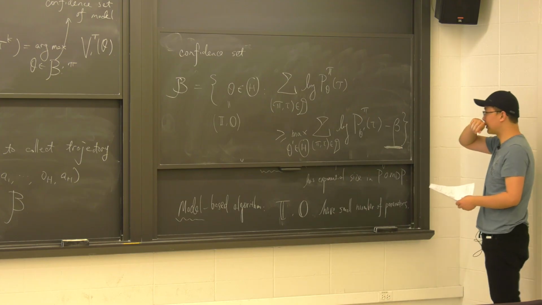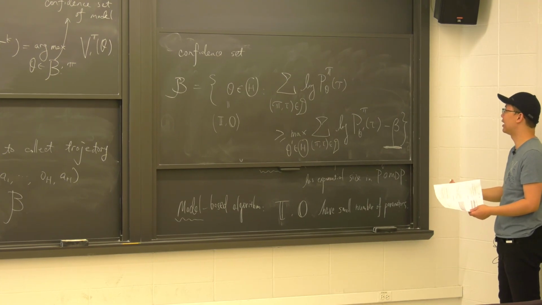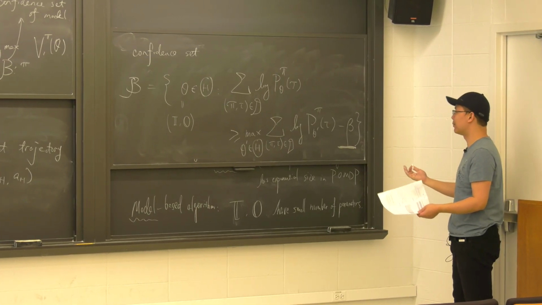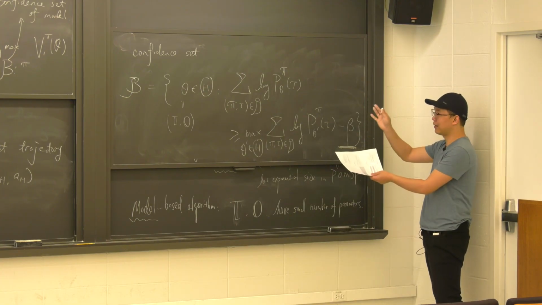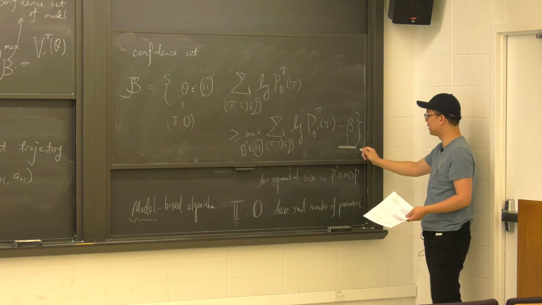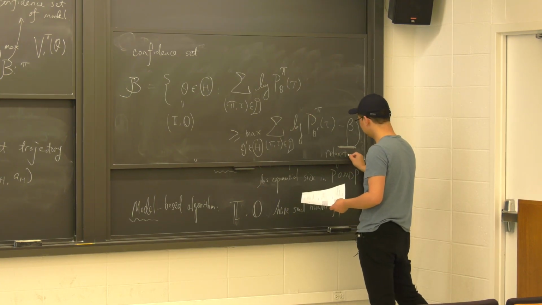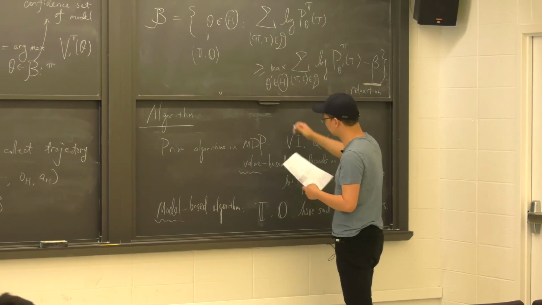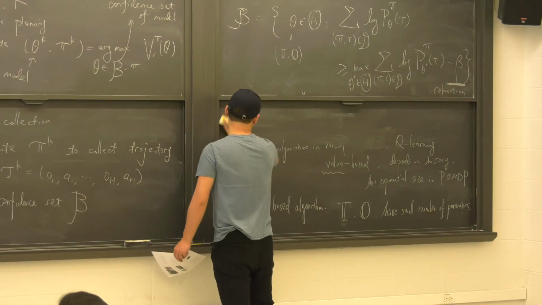This is very similar to GORF, where we look at values whose Bellman error can be slightly greater than the smallest Bellman error plus some relaxation beta. Here, because it's a maximization, it's minus beta. So this is, again, some relaxation. And this is essentially the whole algorithm.